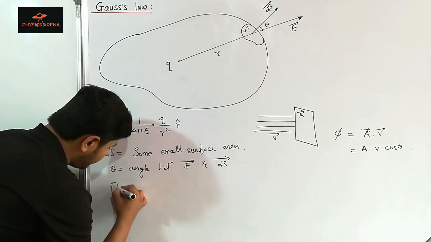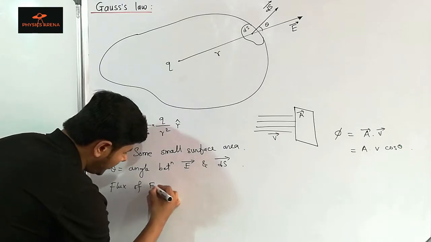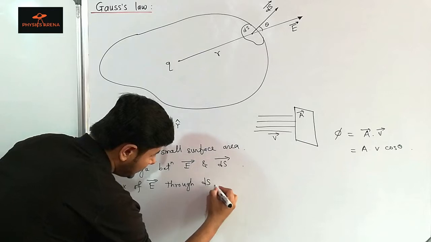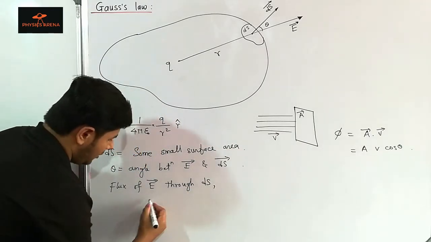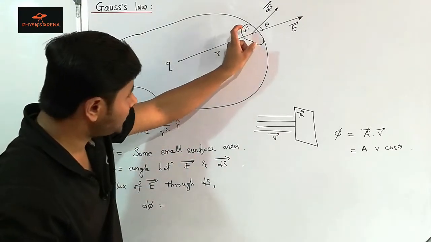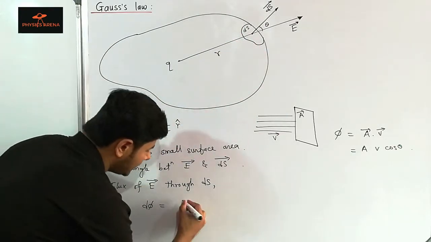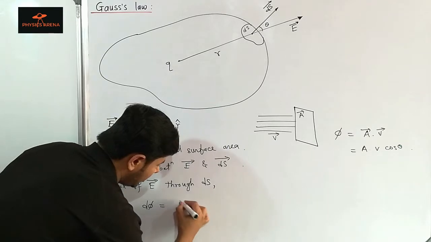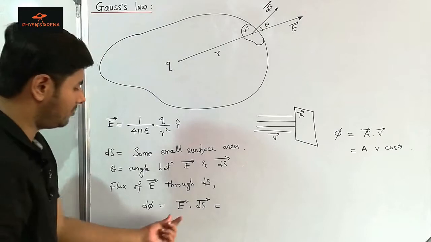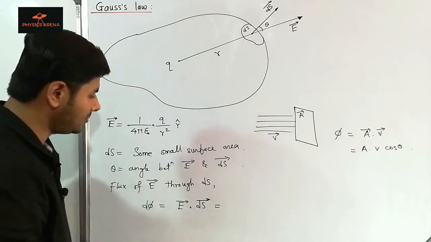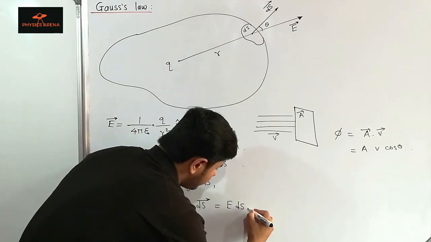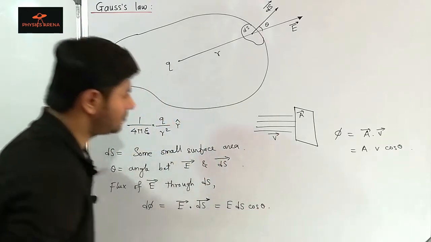So the flux of E bar through ds, let's call it d phi because we picked a very small surface area, should be equal to E bar dot ds bar, the dot product between the vector and the surface area. So it is E ds into cos of theta.